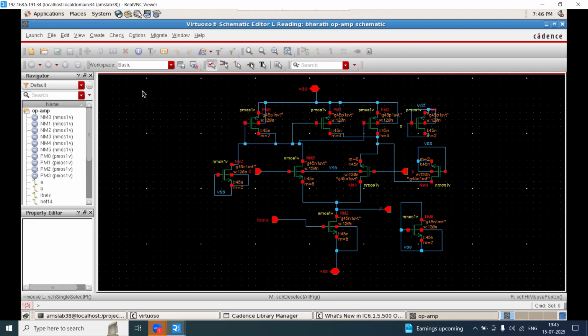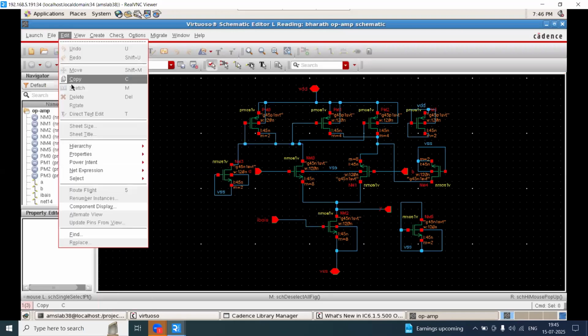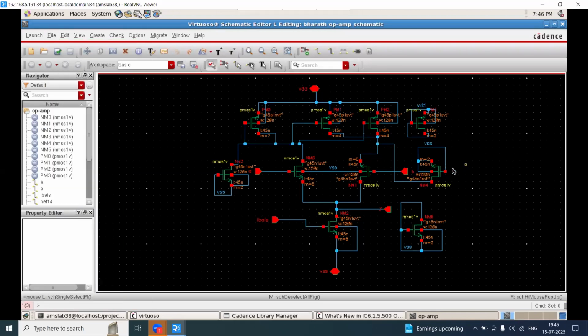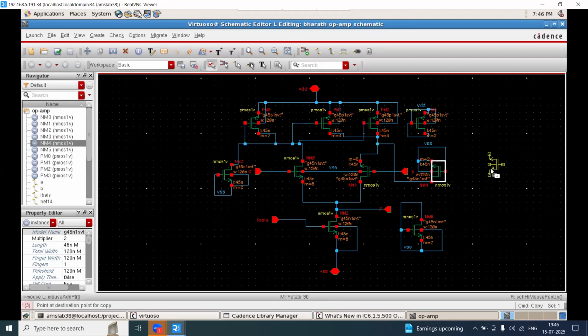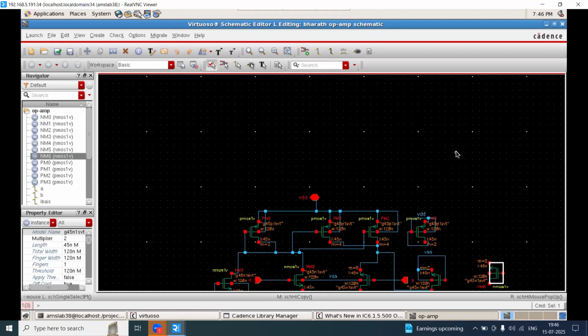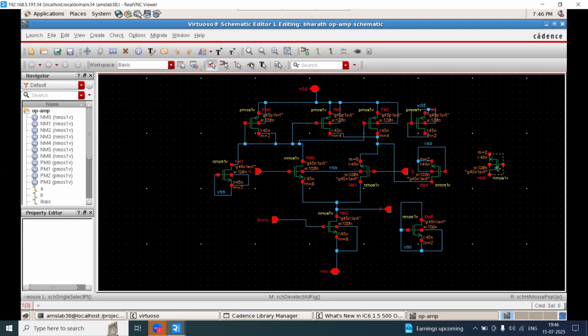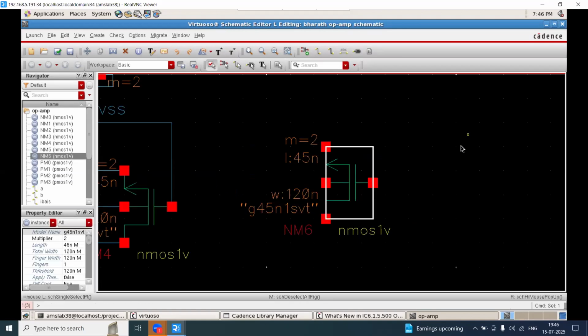How do series stack dummies work? I am editing this one for your reference. This is one terminal. Here this is one device with two multipliers.